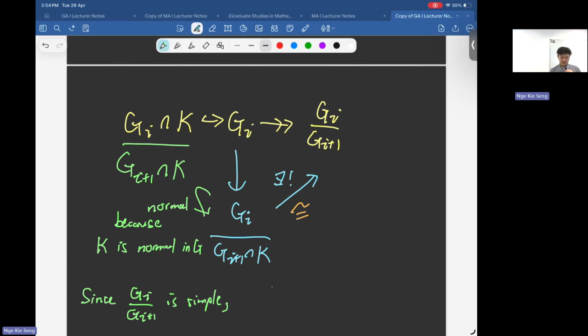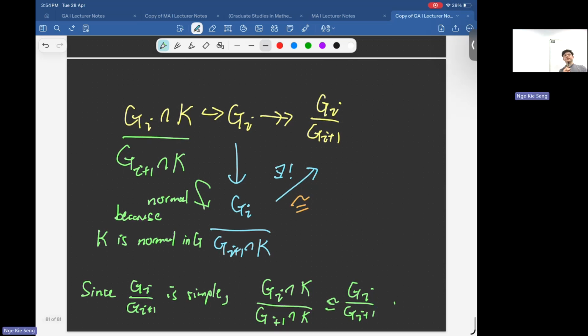If this is not trivial, this must be the big group, the original group, GI. Okay, does it make sense?